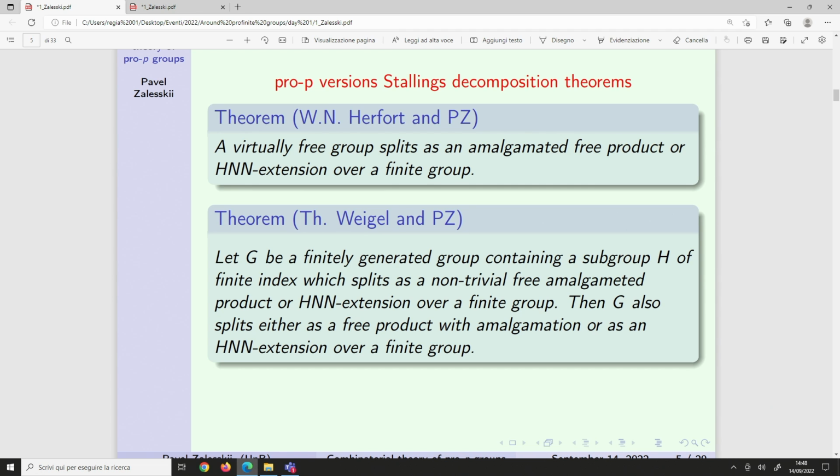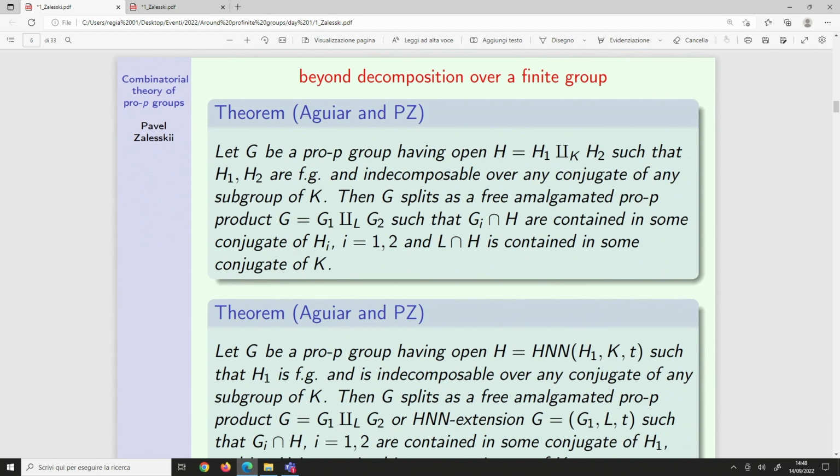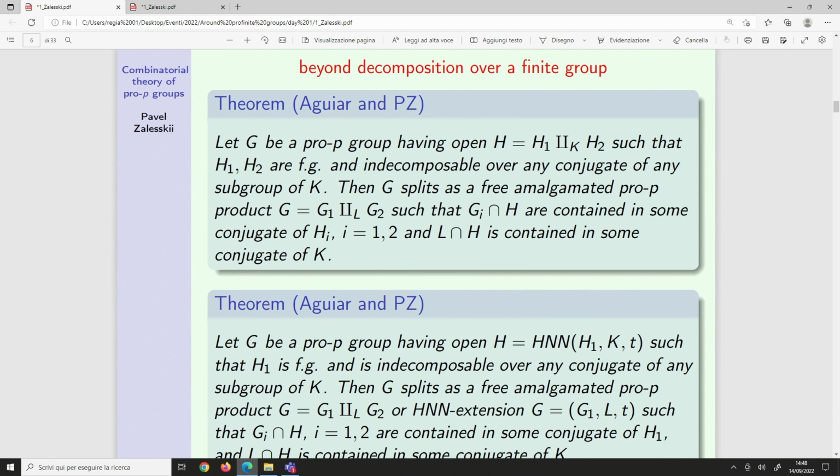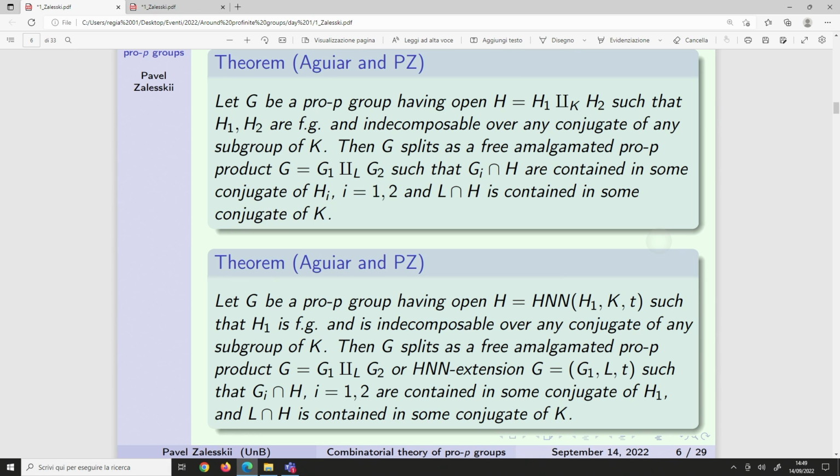But now I want to say that in the Pro-P case, we can actually go beyond decomposition over a finite group. These are two recent theorems that were proved by my student Mateus Aguiar and the speaker.